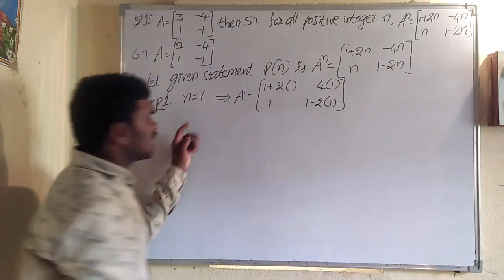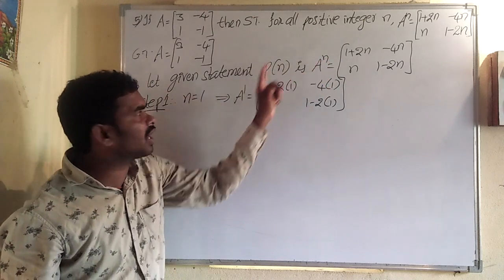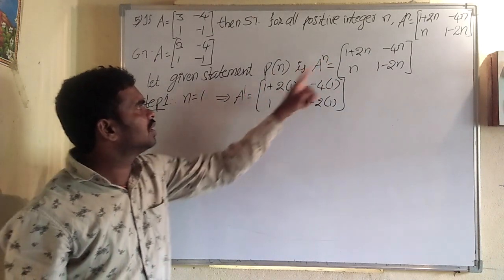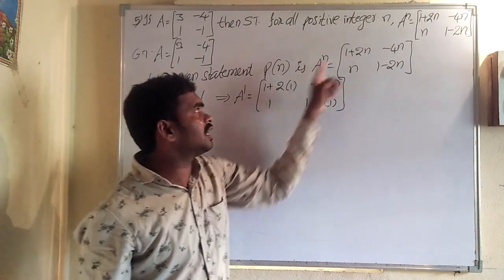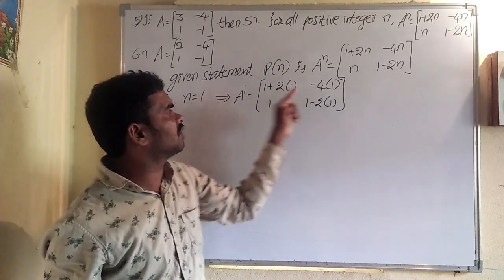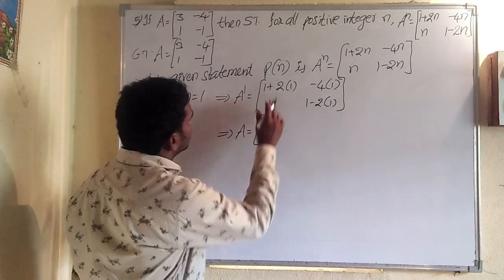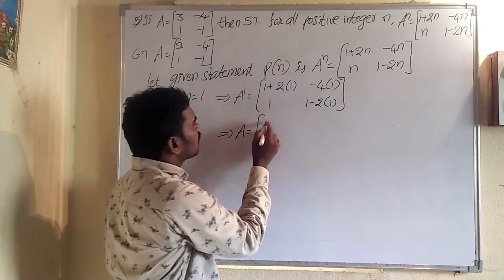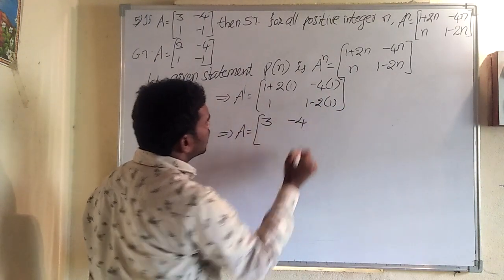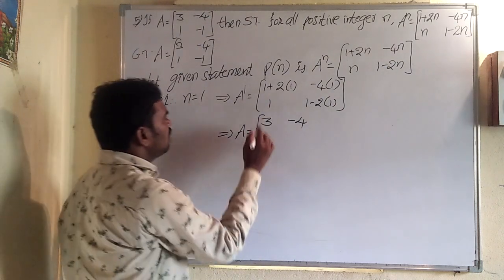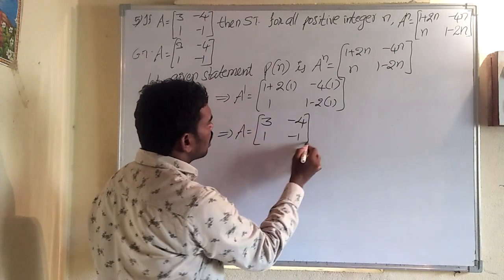Instead of n, just write 1, and the rest stays as it is. 2 into 1 is 2, plus 1 becomes 3. Minus 4 into 1 becomes minus 4. Next 1. Next 2 into 1 is 2, and 1 minus 2 becomes minus 1.